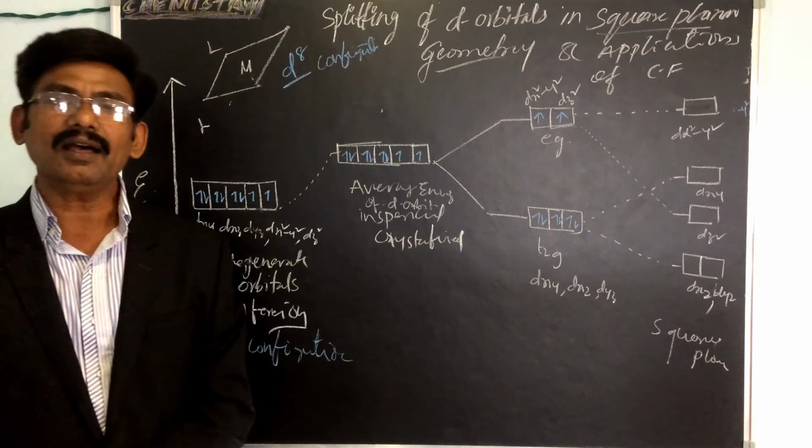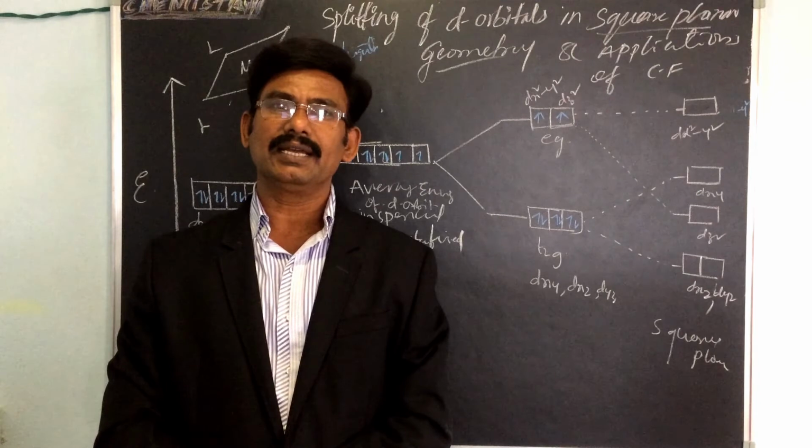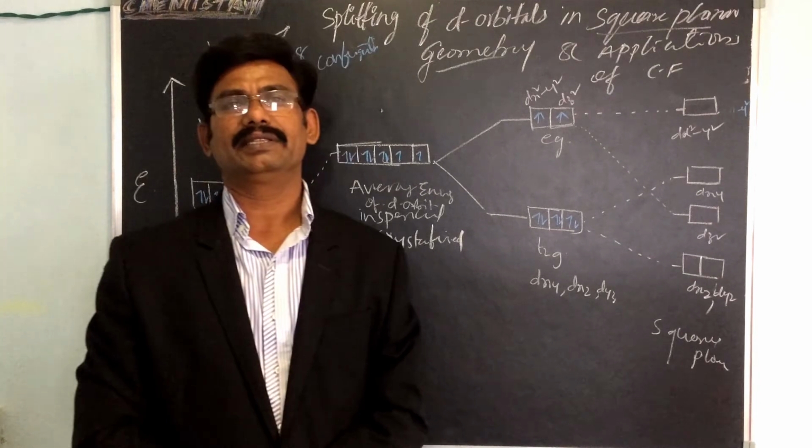So six electrons will occupy the t2g orbitals and 2 electrons will occupy the eg orbitals.